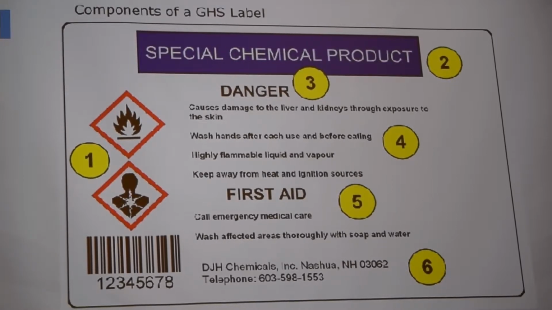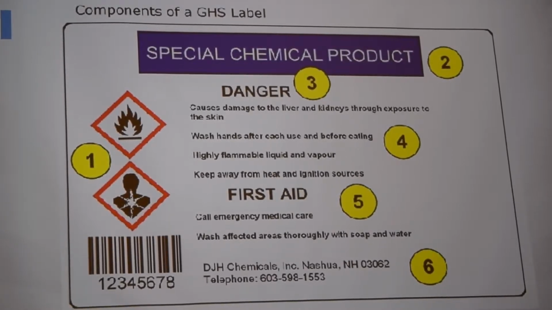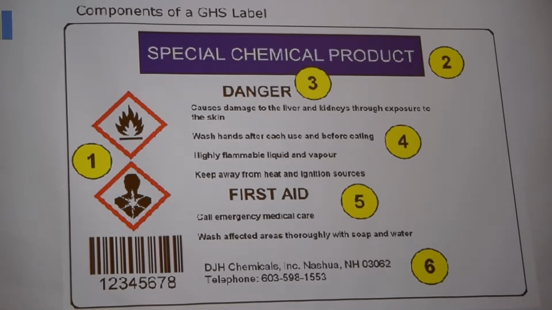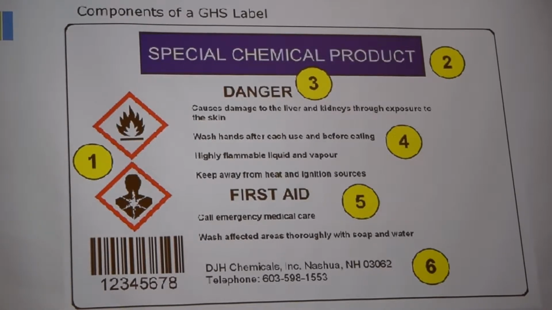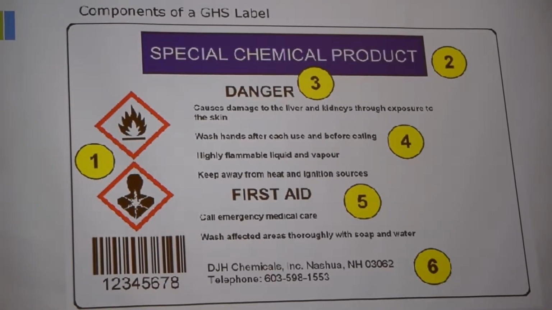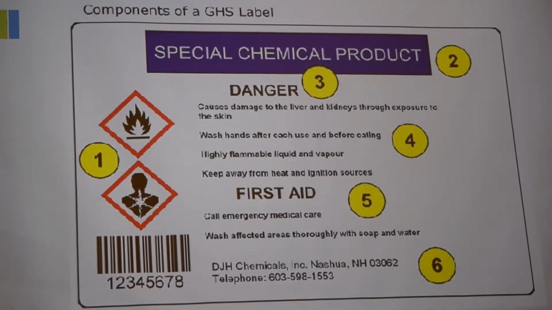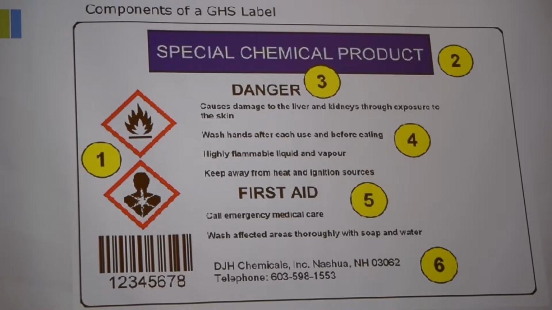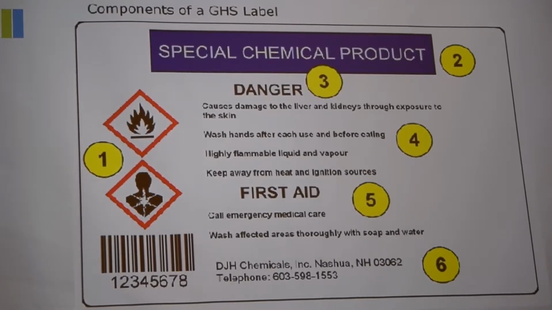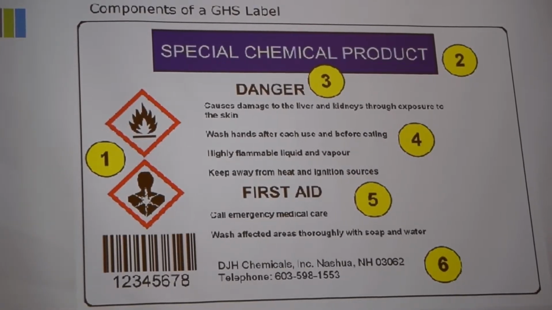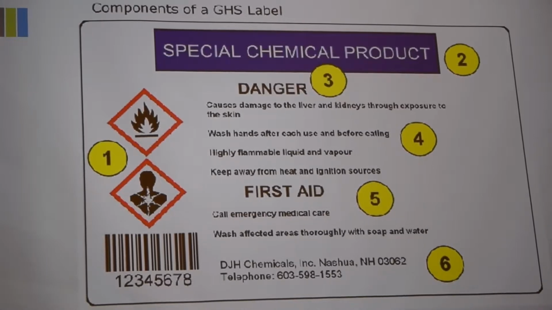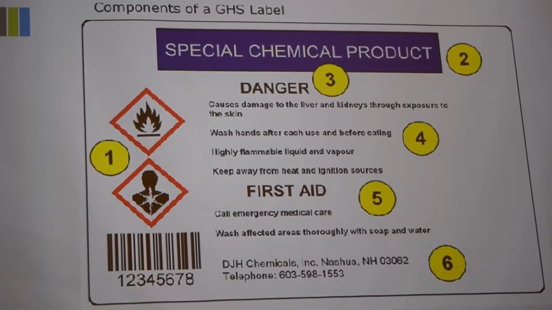We'll have the product title at the top, which would be in the blue. The pictograms represent the dangers, in this case, flammable and respiratory hazard. Number 3 is the danger caution statement: can cause damage to kidneys and liver, may be flammable, has vapors. Then the first aid statement as to what to do.